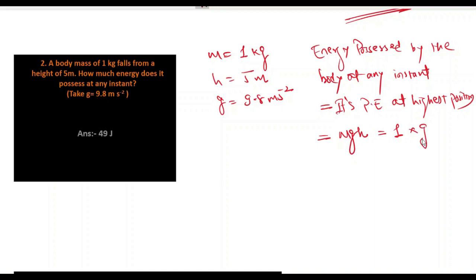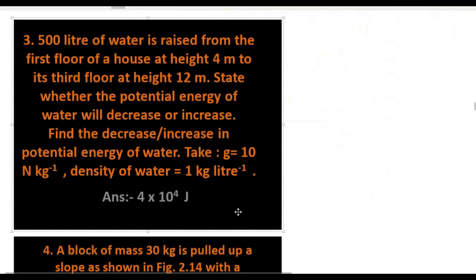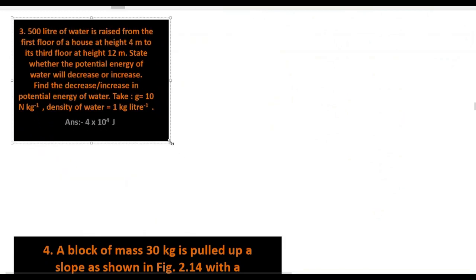Mass is 1, g is 9.8 and height is 5. So 9.8 multiplied by 5, so it comes to 49 joule. So that is the energy possessed by the body at any instant, which is equal to its potential energy at the highest position, which is mgh.